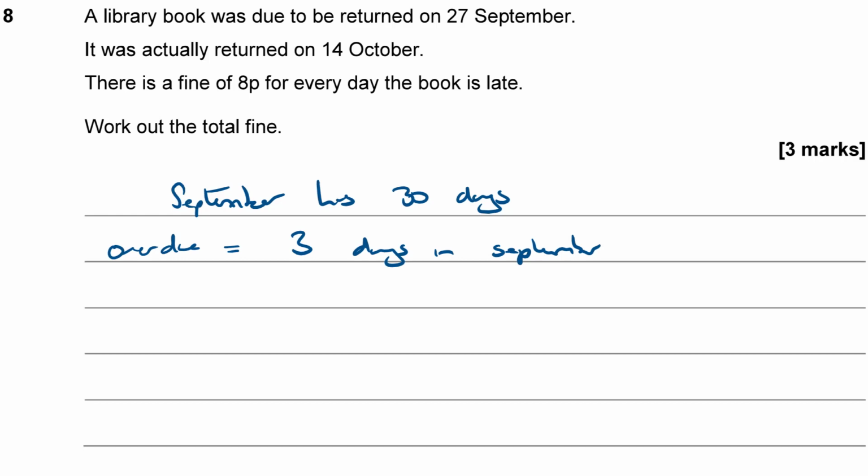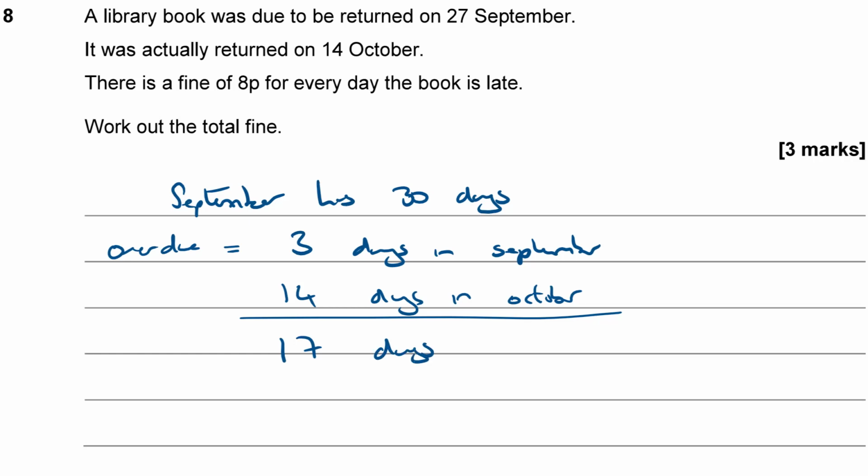And it was also overdue for 14 days. So it was returned on October the 14th. Yeah, so it's still overdue by 14 days in October. Okay, so adding those together, it was overdue a total of 17 days.